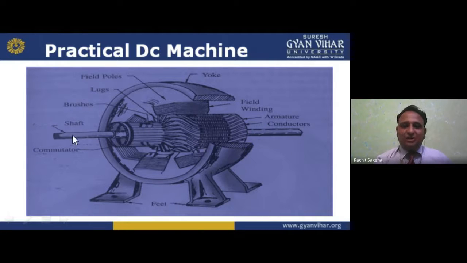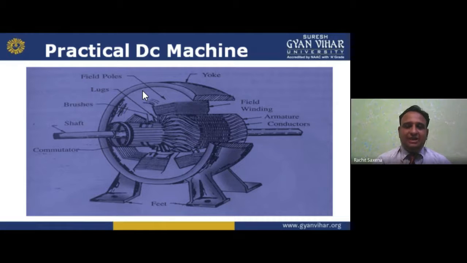This is the rod, that is the shaft, and these are the brushes shown here. These are the lugs through which we make contact between the commutator and the armature. So I am connecting like this. That is the connection between armature conductors and the commutator.